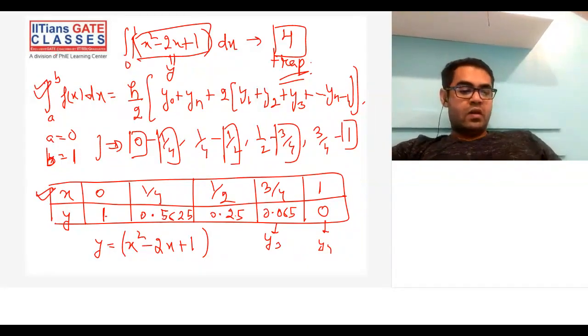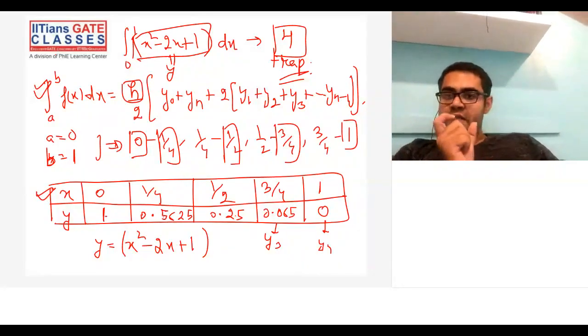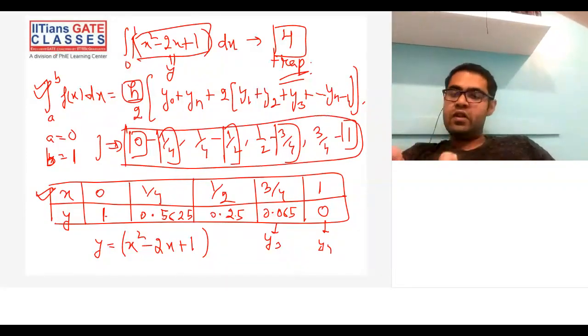So I'll just put the values. And what is my h? H is step size, that means the difference of every interval. Since I've written the intervals here itself, every interval difference is 1 by 4.